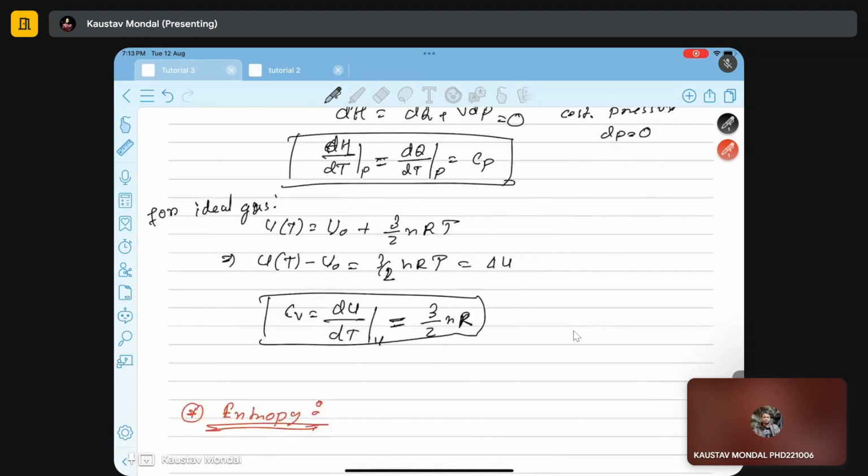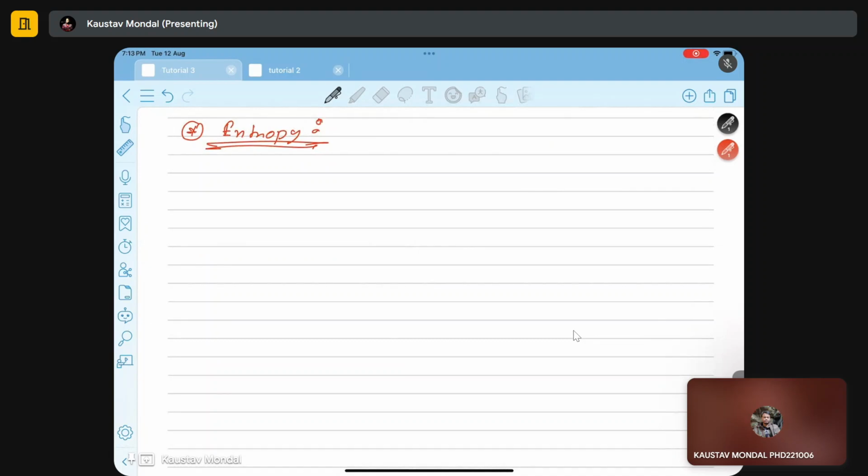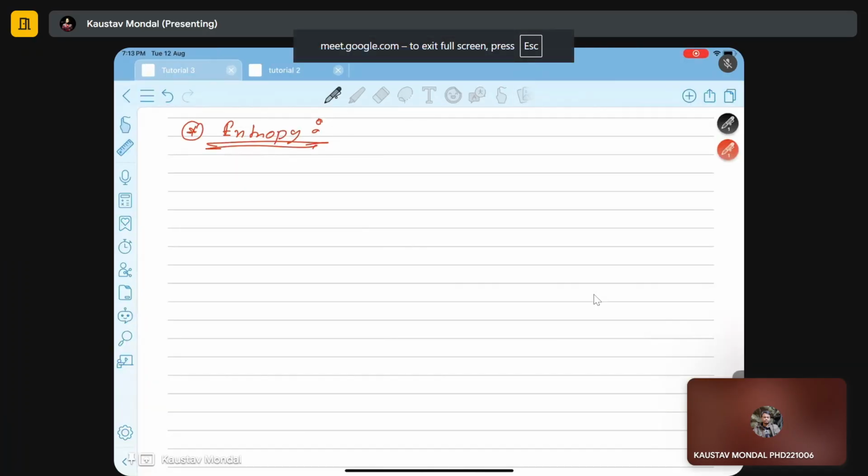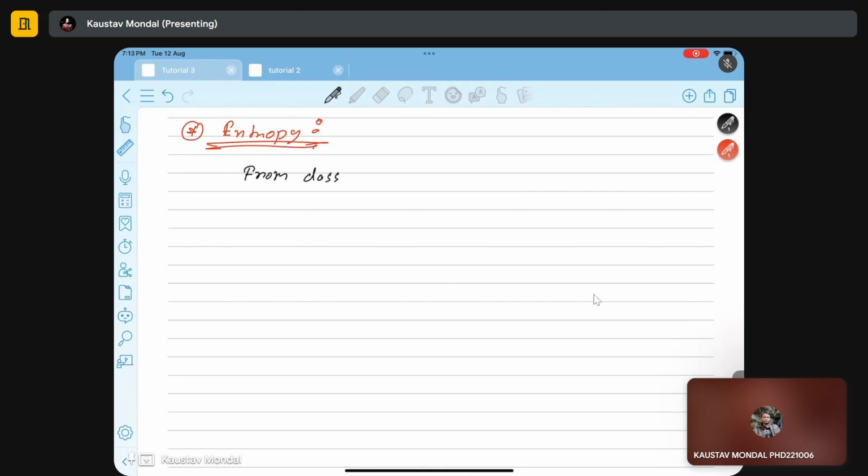So the thing is, from classical thermodynamics, we know dS equals dq reversible by temperature, which is, now this is only for a reversible process.